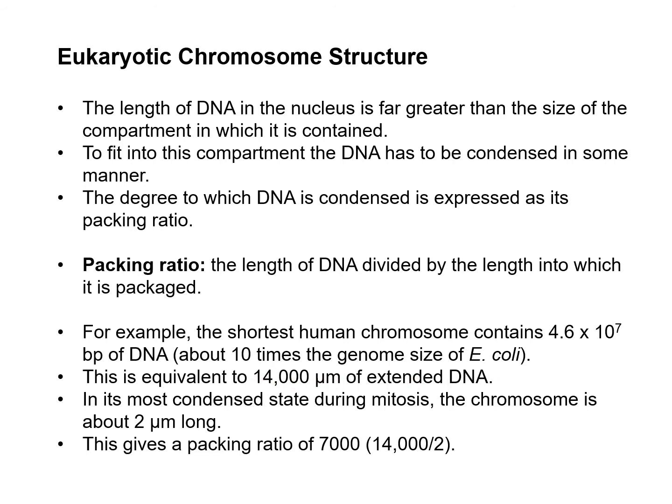But in its most condensed state during mitosis, where the cells are dividing, the chromosome is about 2 micrometers long, so it's much shorter than the actual extended DNA size. That gives a packing ratio of 7,000, which is 14,000 divided by 2.